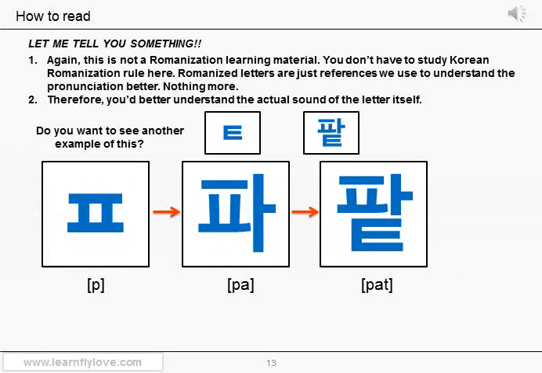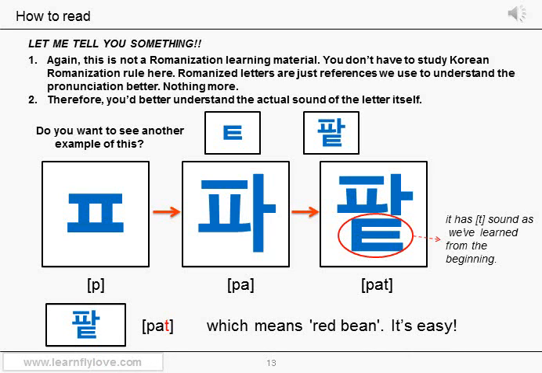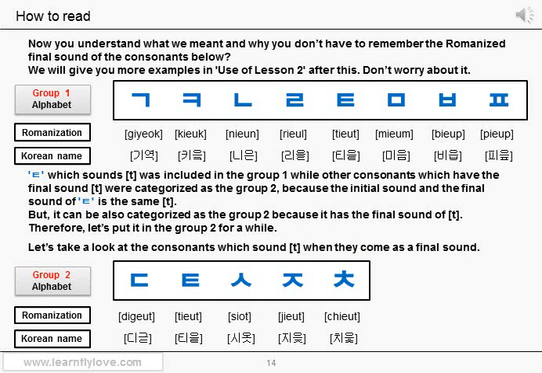It's 티읕, which sounds T, like T in English. So P, Pa, and Pat, like P-A-T, Pat in romanization, which means red bean in Korean. It's not that difficult, is it? Now you understand what we meant and why you don't have to remember the romanized final sound of the consonants.